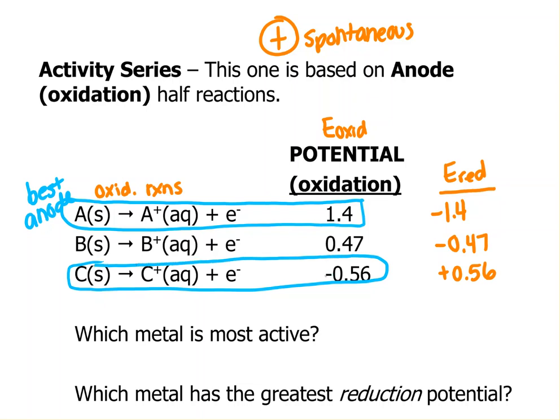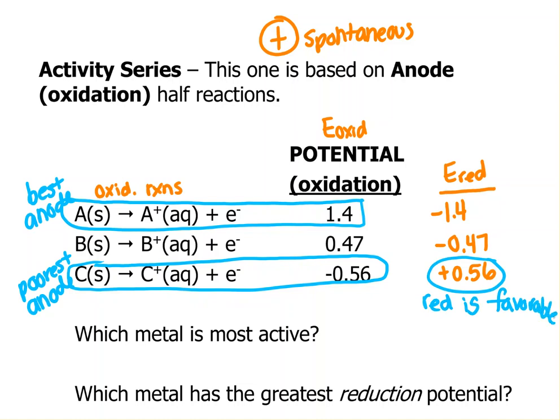It's not a very good anode, so it's the poorest of these anodes. But if I think of the opposite reaction over here, reduction is favorable. So it's the best cathode.